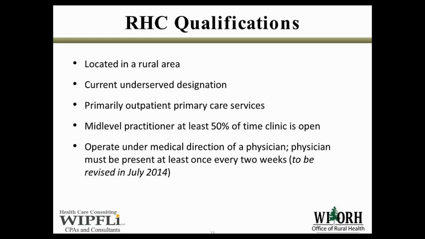The clinic has to primarily be engaged in providing outpatient primary care services. Some additional qualifications: a mid-level practitioner or a non-physician practitioner, including a nurse midwife, nurse practitioner, or a physician assistant, must be present and available to provide services at least 50% of the time the clinic is open.